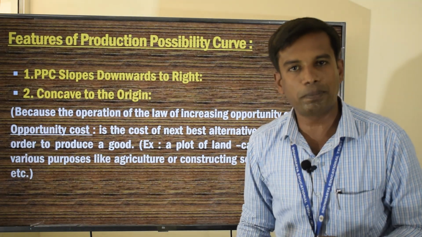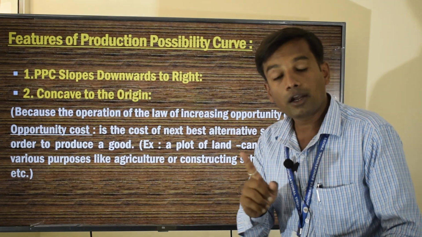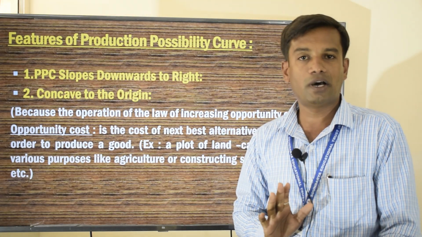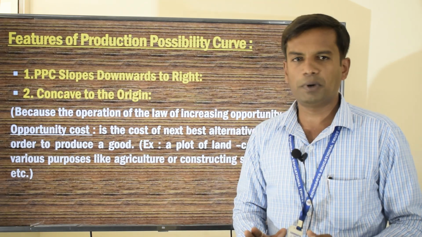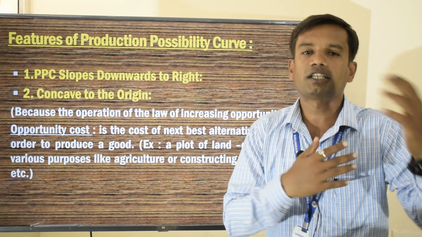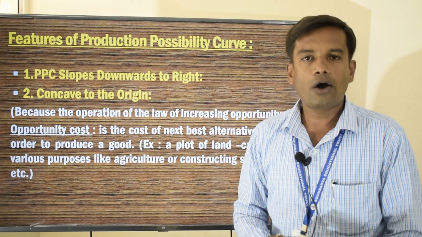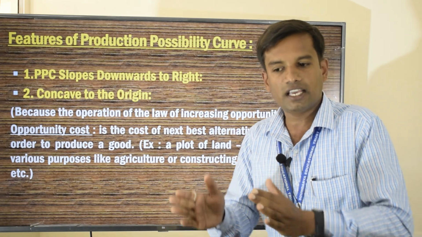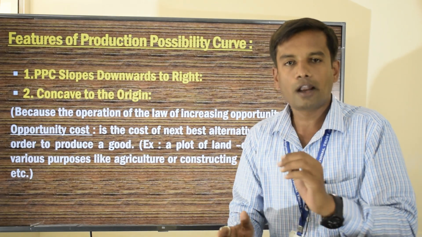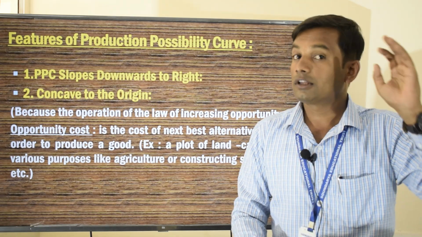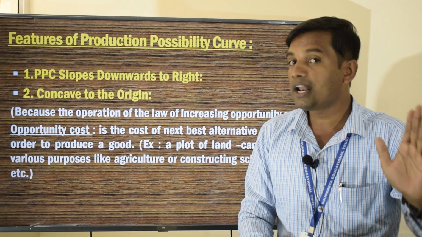Let me give an example here. So there is a plot of land. This we can use for various purposes. Either it can be for agriculture or construction of a school or construction of a factory. Now an economy decides, let us do agricultural activities on this particular land. Now an economy has to sacrifice the construction of a school as well as a factory.